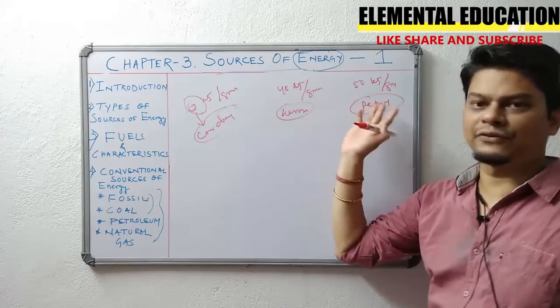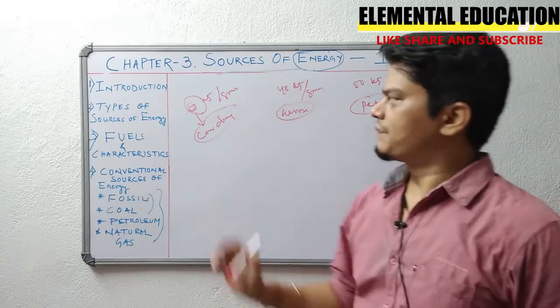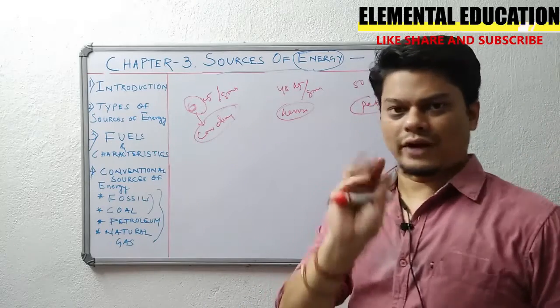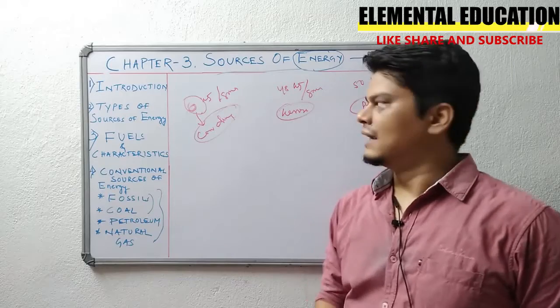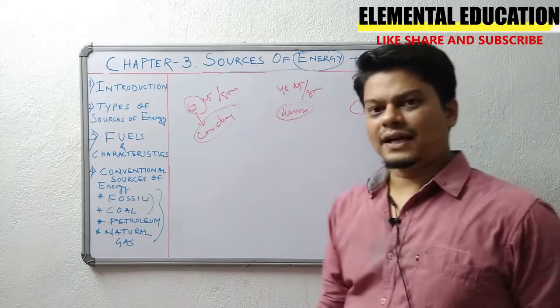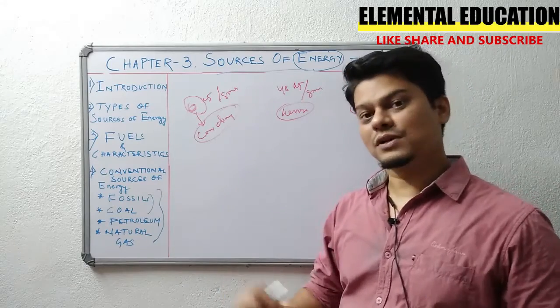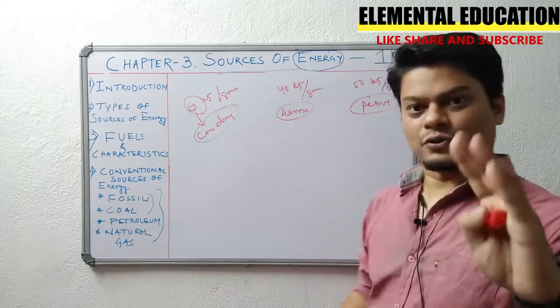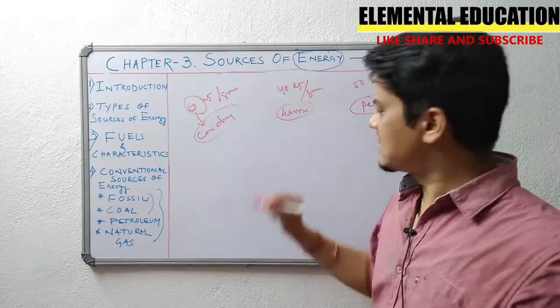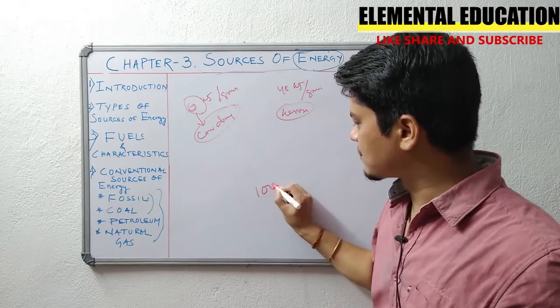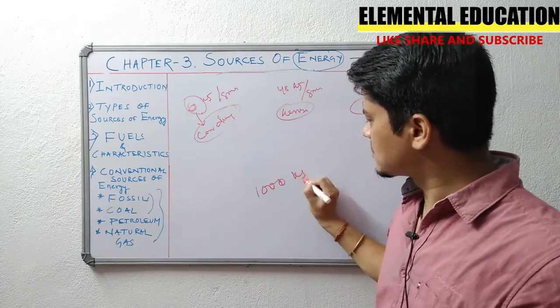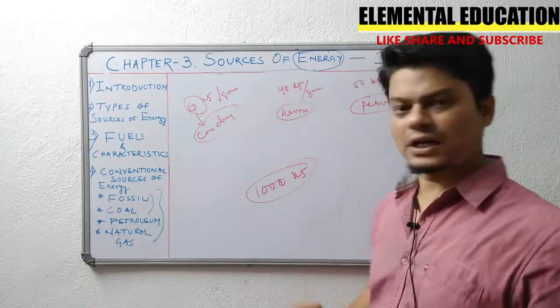Now see the calorific value difference. Suppose I want to travel 5 kilometers in my vehicle. If I make my vehicle run on cow dung, how much cow dung do I have to put in? Suppose I require 1000 kilojoules per 5 kilometer travel.